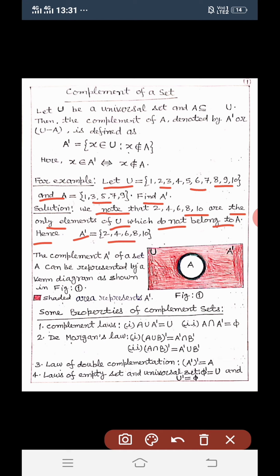The complement A dash of a set A can be represented by a Venn diagram as shown in figure 1.